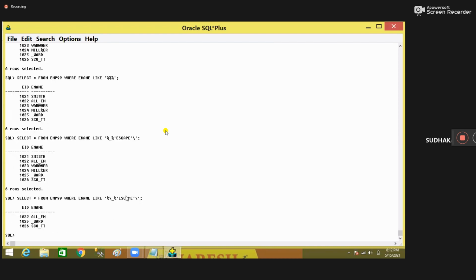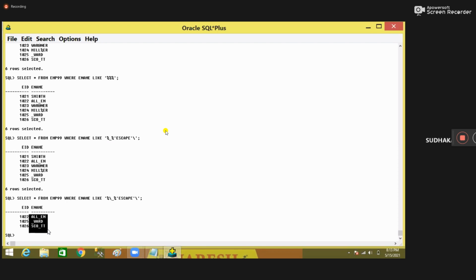So when I'm using the escape slash statement along with my underscore, only then can the Oracle server identify it as a special character. Now you can see ln underscore, word underscore, and Scott. Employee names having underscore are displayed.